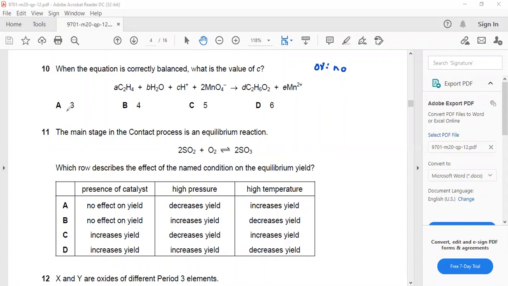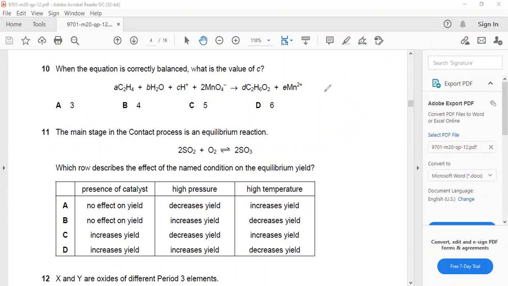First, I told all my students to memorize that MnO4 minus, KMnO4 or MnO4 minus, both have +7 oxidation state of manganese, and it is always an oxidizing agent, so it will be reduced.